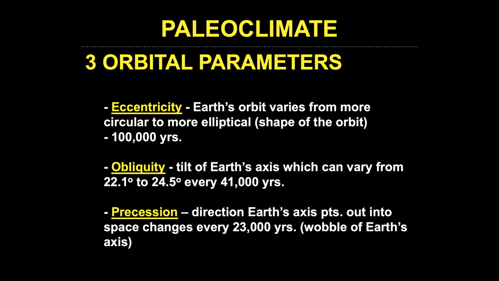He realized several things. So there are 3 parameters. The first is the eccentricity of the Earth's orbit about the sun. The orbit of the Earth is either a circle or an ellipse. Right now it is mostly circular, but oftentimes it changes in shape to a more egg-like shape.